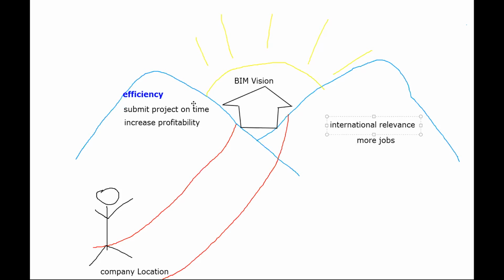So at the end of the day, you now have a list of things that are very important to this organization. So in some situations, let's say you have efficiency.